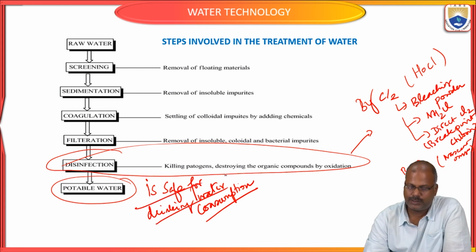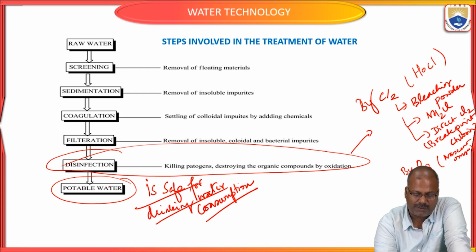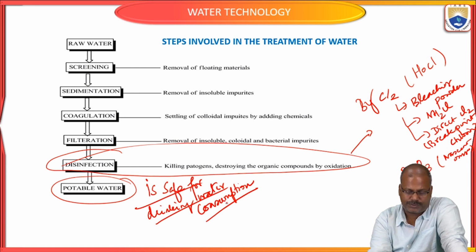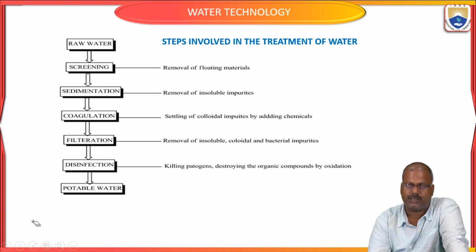The water that comes out after disinfection is called potable water, which is safe for consumption, drinking water. So these are all the steps involved in making raw water into potable water.